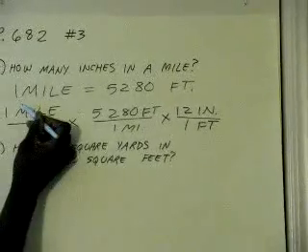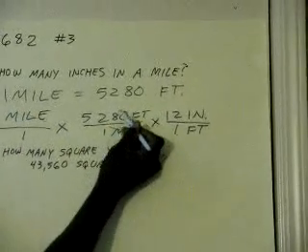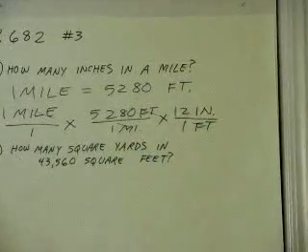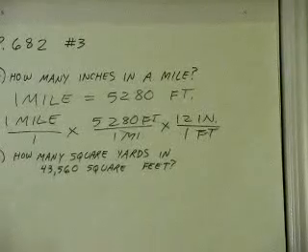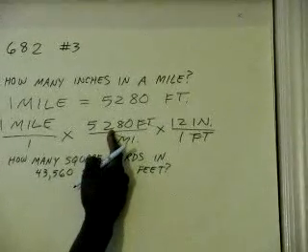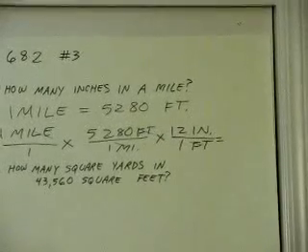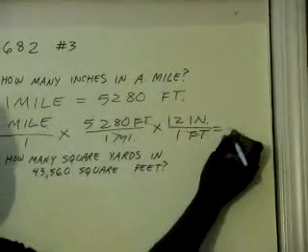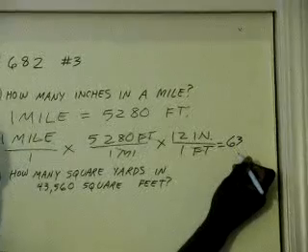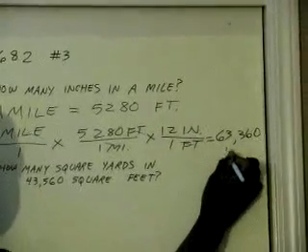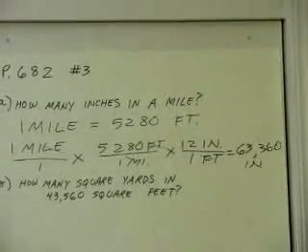We're going to have miles canceling out, feet canceling out, and our answer will be the number of inches that are in 1 mile. We simply multiply 5,280 times 12, and that result is 63,360, and that's inches in 1 mile.